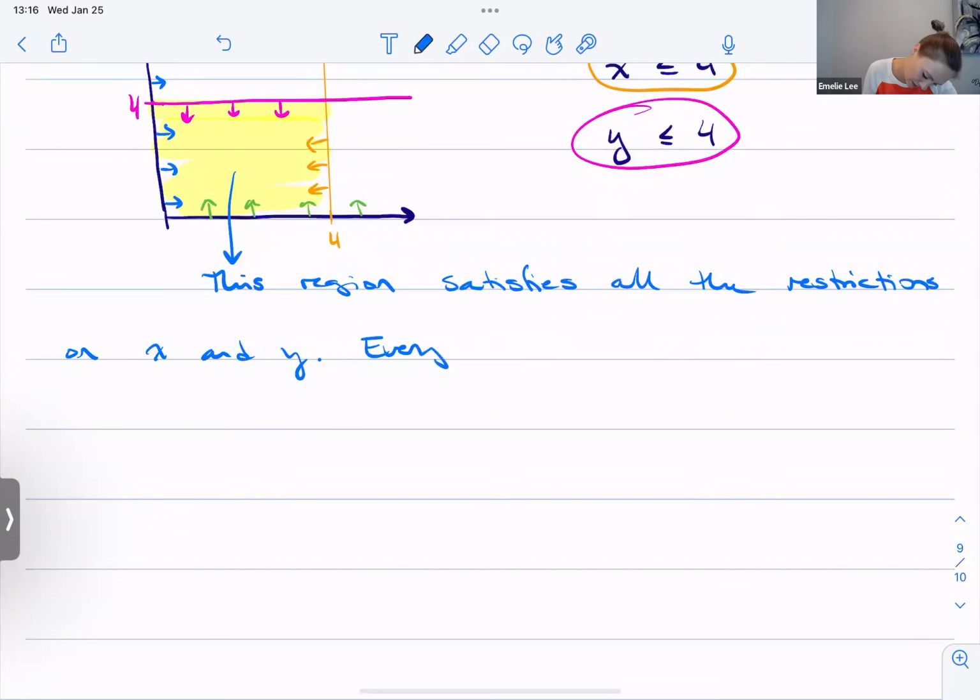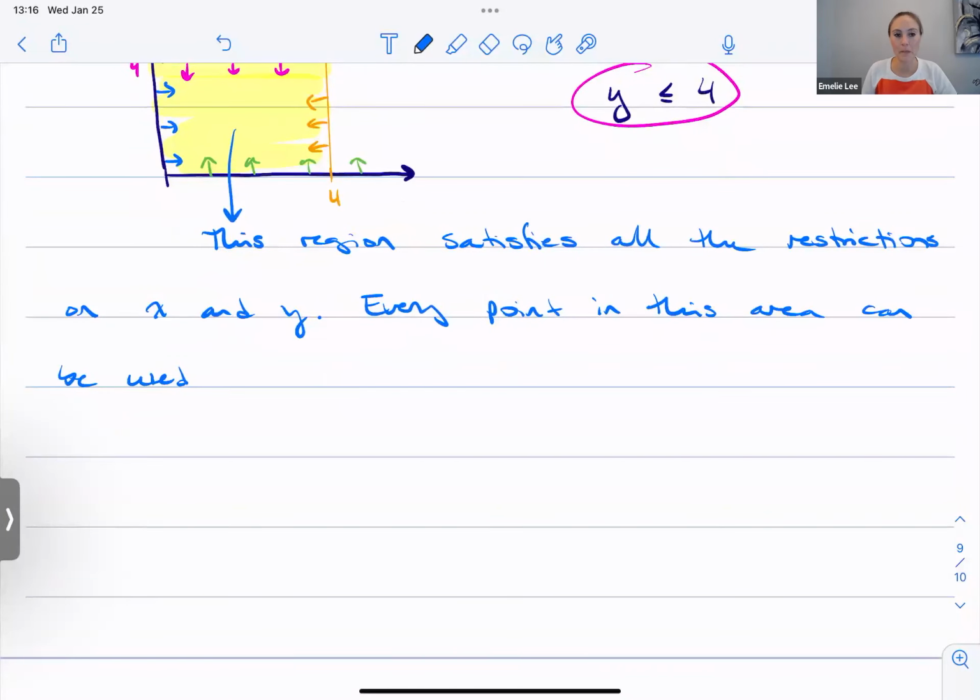Every point in this area can be used to find some level of profit.